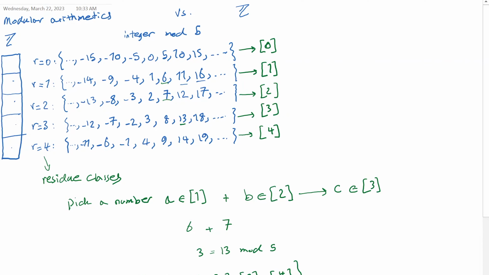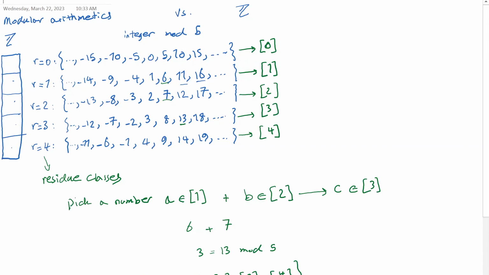And then you see that when we are talking about a group of mod 5 or mod n, what we are doing basically is partitioning the set Z into some residue classes.